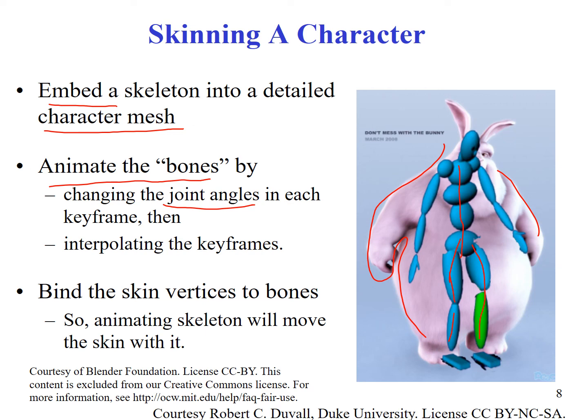We specify these joint angles only for keyframes, as discussed in the previous lecture, and then we interpolate between the keyframes to generate many more frames in between so that the animation is smooth. Then we bind the skin vertices to the bones, so animating the skeleton will move the skin with it.